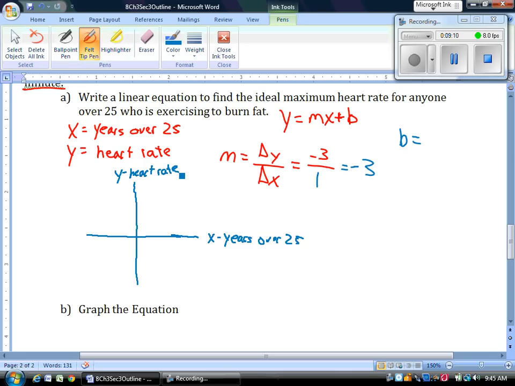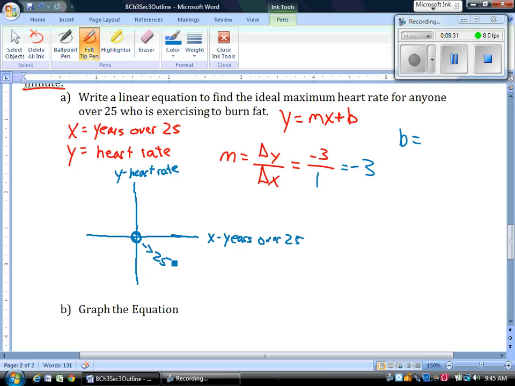So since x is all the years over 25, I'm thinking of this point right here where I'm starting at 25. Okay, that's kind of the 0, because I don't care about all the years under 25. I don't care about 24-year-olds, 23-year-olds. I care about the 26, 27, 28-year-olds.